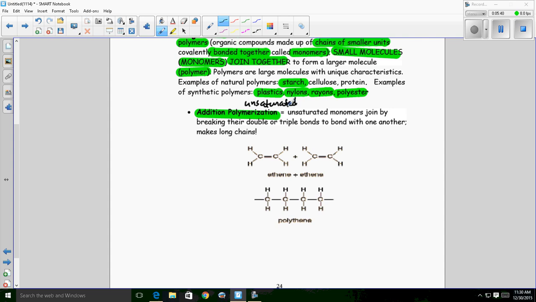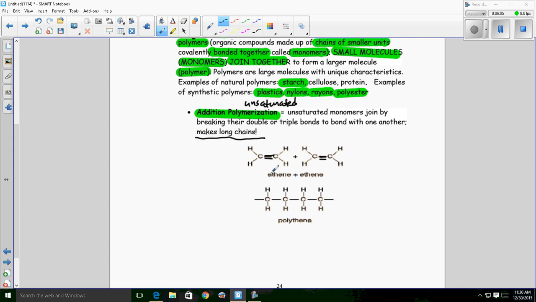So we're going to be looking at hydrocarbons that are double bonded, maybe in some cases triple bonded. The example down below shows two double bonded monomers. So it's unsaturated monomers joined by breaking their double or triple bonds to bond with one another. What we're going to be doing is making long chains.